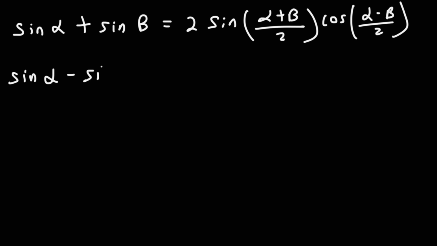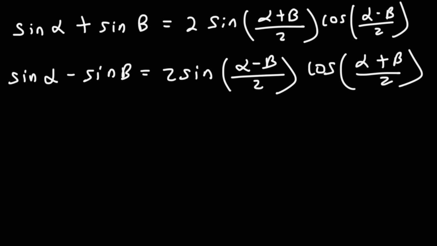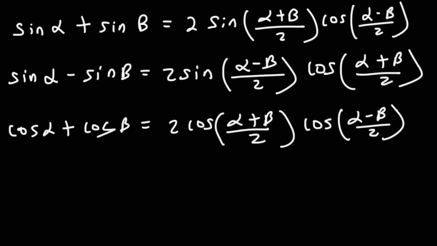Next, we have sine alpha minus sine beta, and it's going to be 2 sine alpha minus beta over 2, and then cosine alpha plus beta over 2. Next is cosine alpha plus cosine beta, which is 2 cosine alpha plus beta over 2 times cosine alpha minus beta over 2.